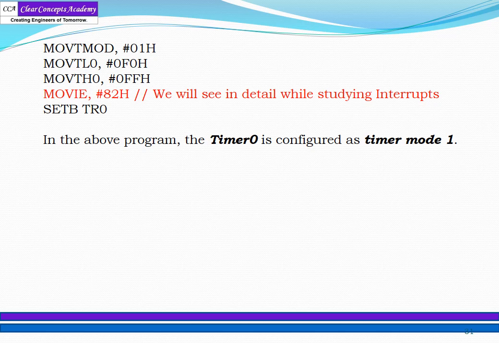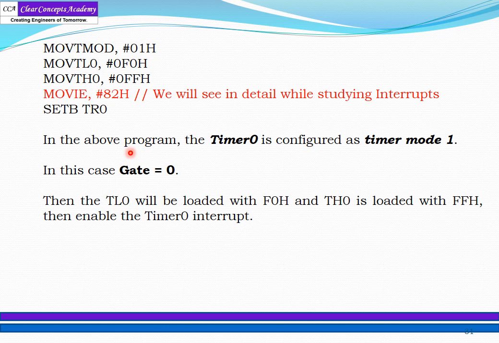In the above program, timer 0 is configured as timer mode 1, 01. This is the low bits of TMOD, the least significant bits LSB1 and LSB2. These two bits set timer 0 in mode 1. Then the gate is set to 0 because it will work independent of the external pin.